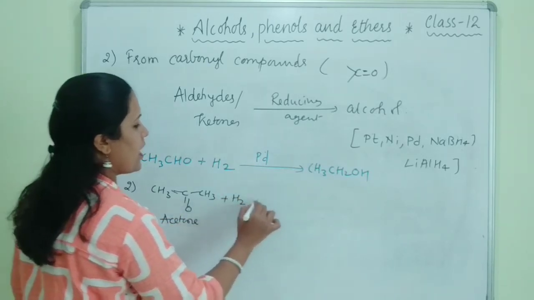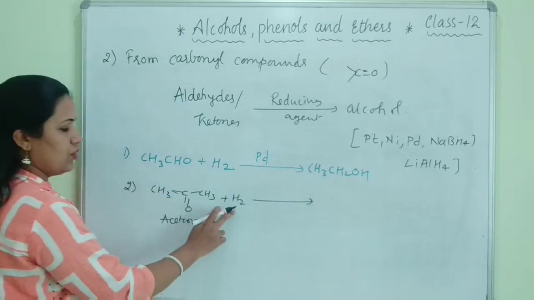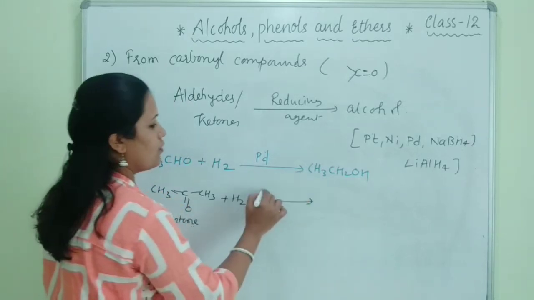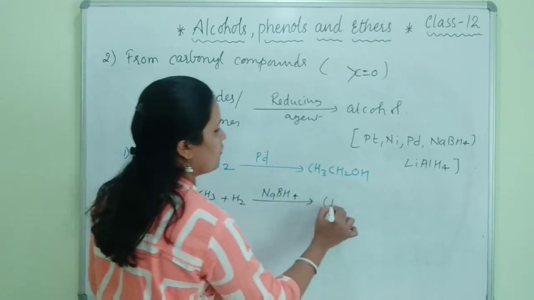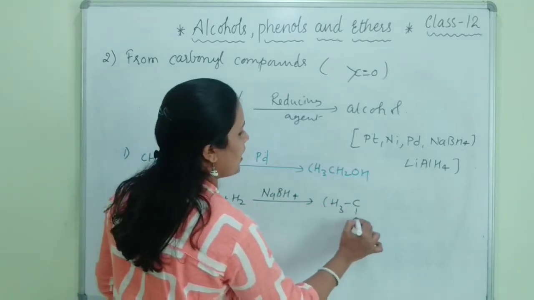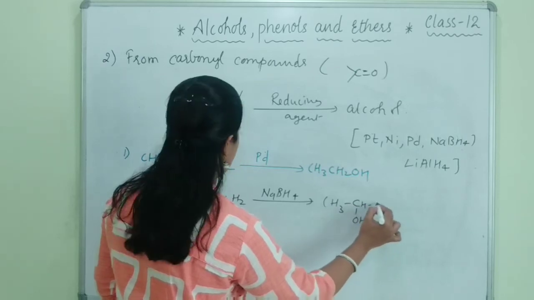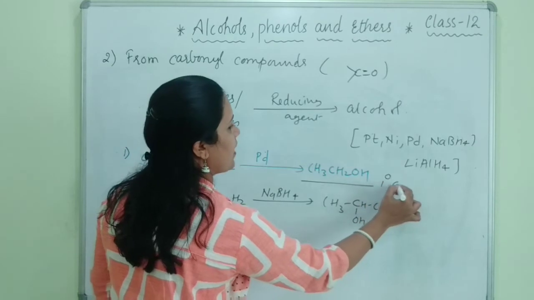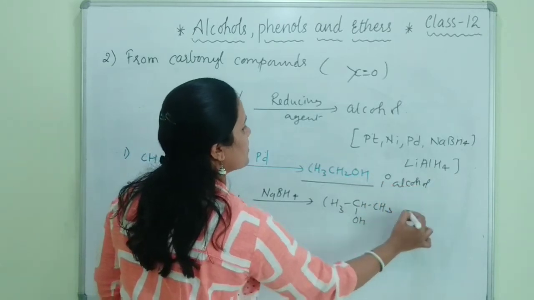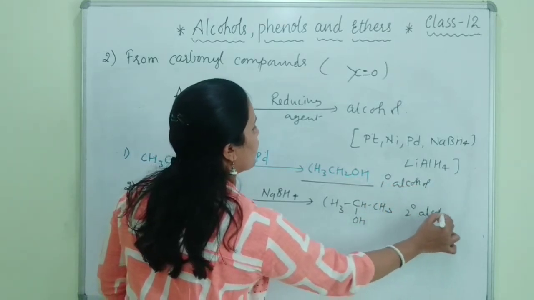So acetone, when it reacts with H2, that is hydrogen, or we can also use NaBH4, it can convert it into alcohol. So here we can observe that one is a primary alcohol and the other is a secondary alcohol.